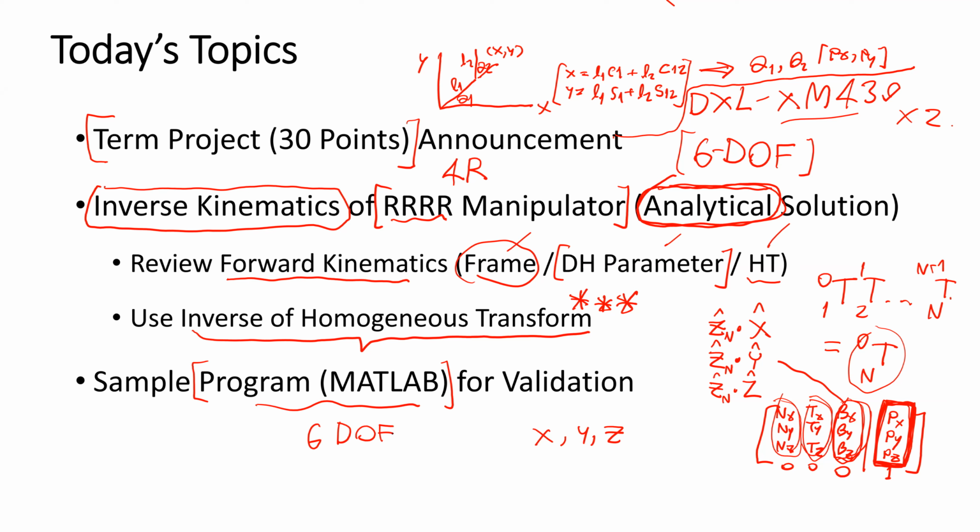If you want to solve your problem, you can modify the program to match your robot or any robot in the future, and you can validate the analytical solution that you obtain on paper.